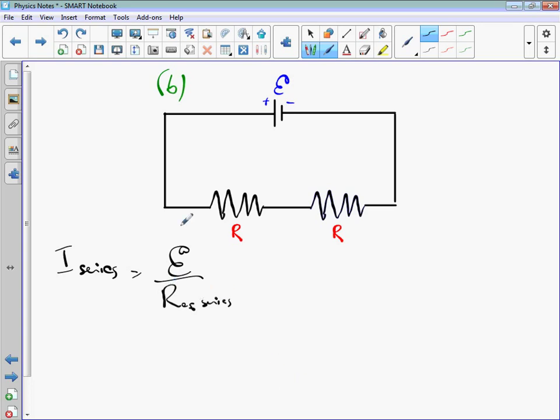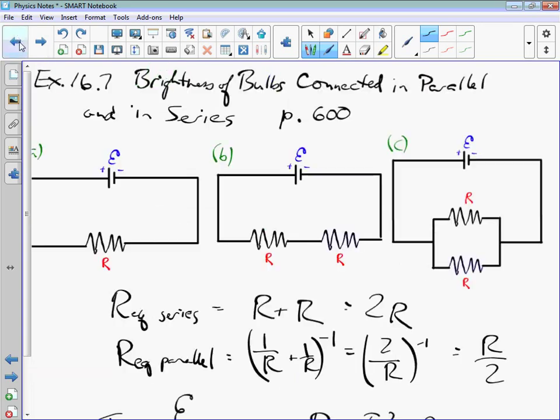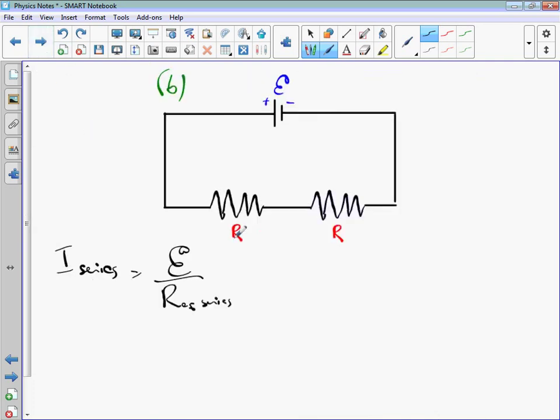If I go back to find out what my equivalent resistance was for series, if I had two equal resistors together, it was 2R. So I could say that for our series, it would be EMF over 2R.